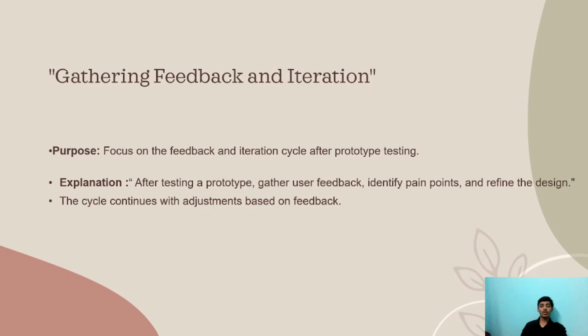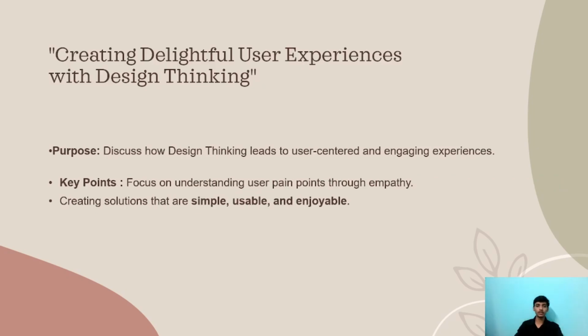User feedback is crucial because it helps us ensure that we are on the right track and address any issues that may arise. Once we gather feedback, we return to the drawing board, tweak our prototype, and retest. The process repeats until we have a solution that truly resonates with users.